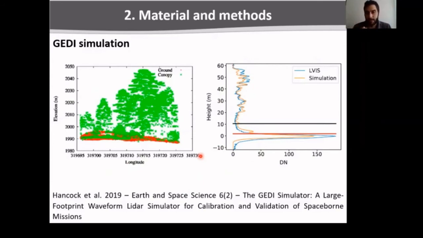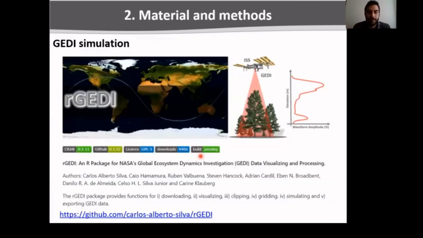But it's basically based on this conversion and adding this expected noise. This was conducted using the RGEDI package, which is our tool for working with JEDI, and there are lots of tools there for working with JEDI.